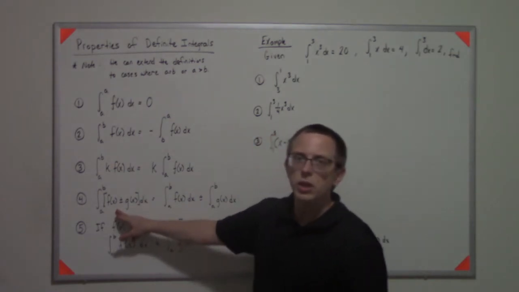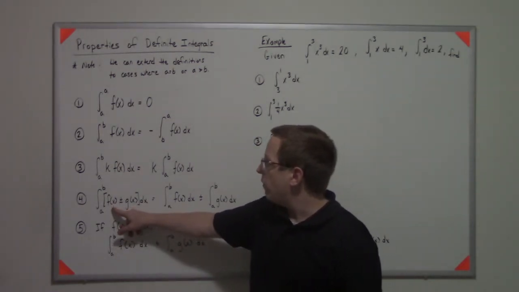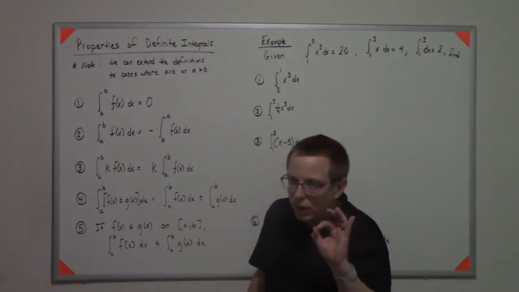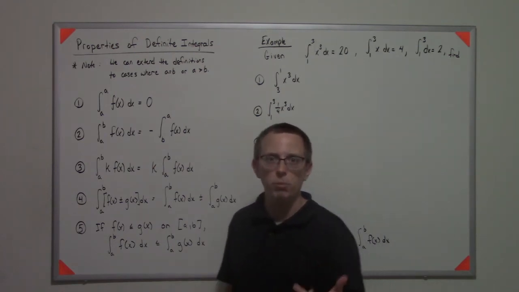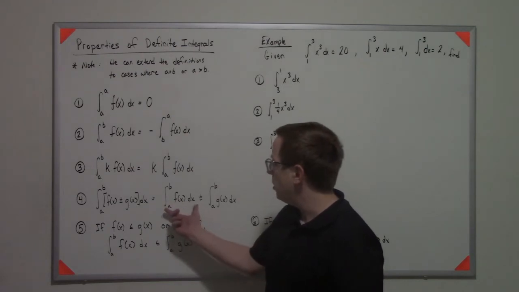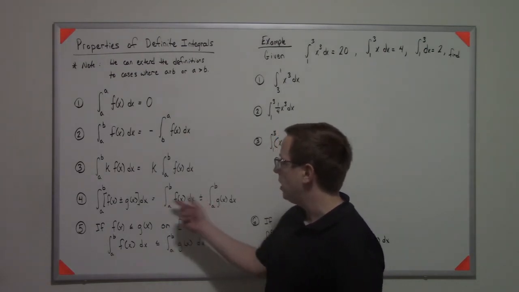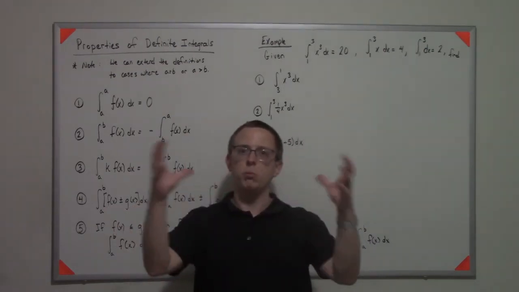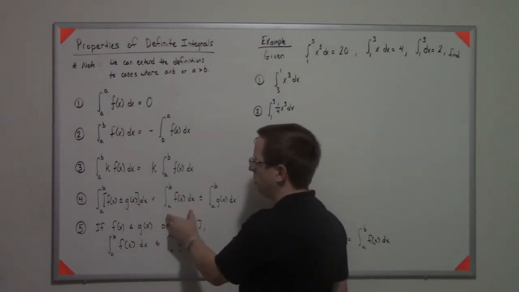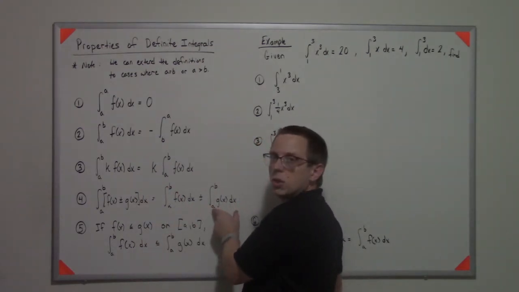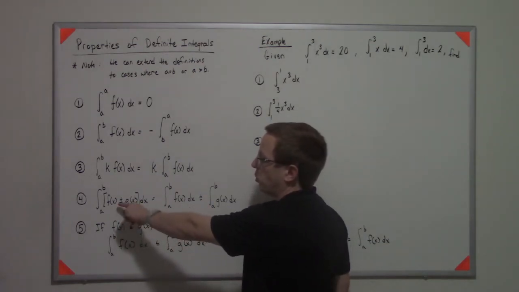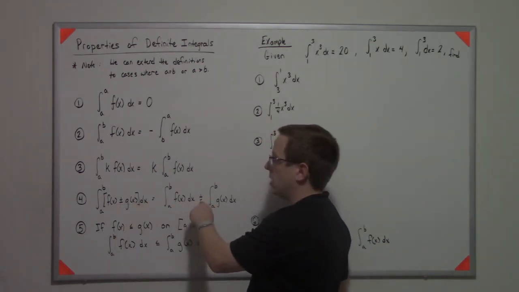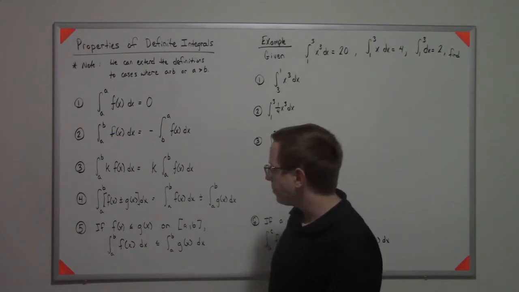Similarly, if f and g are both integrable, you can integrate them separately. If you have a jumble of terms, you can split them into separate integrals, evaluate them, and whatever operation was between them, whether a plus or a minus, stays with it.